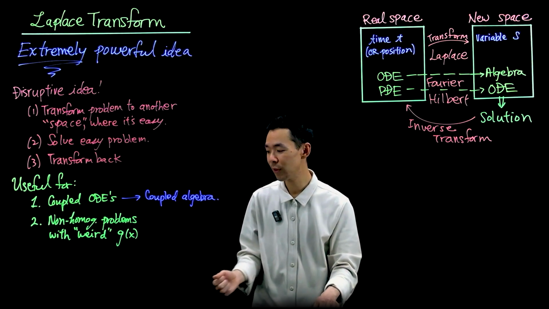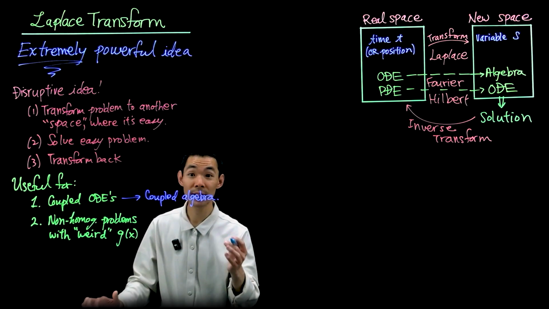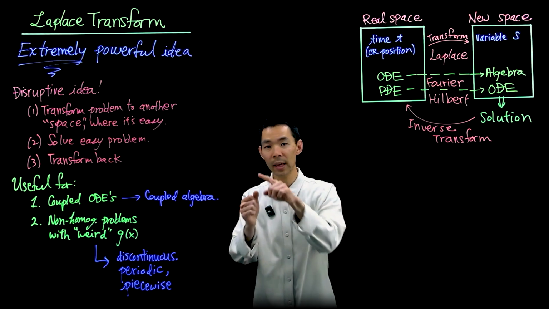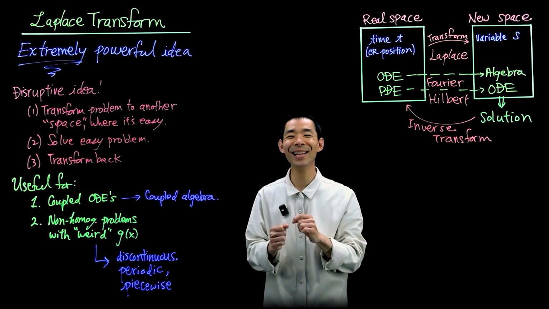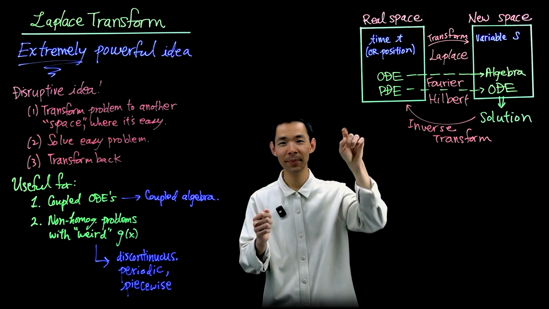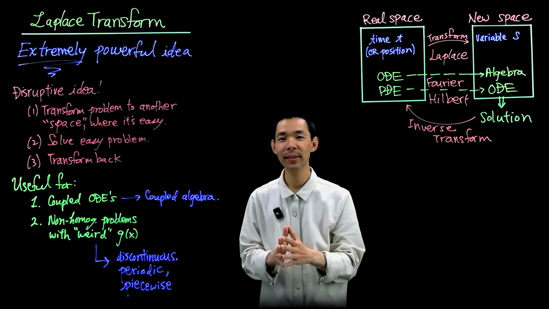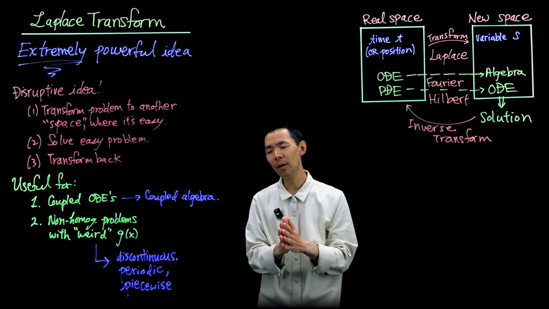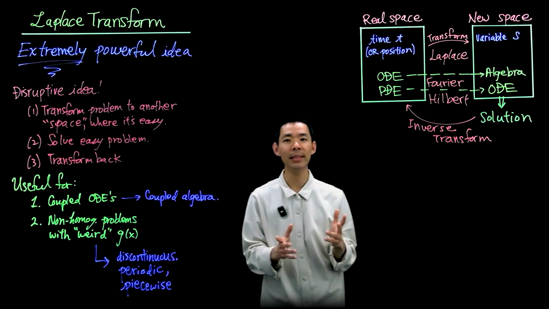So weird functions might involve functions that are, for example, discontinuous, periodic, piecewise. It could have jumps and pulses. It could have steps. And those are the situations where Laplace transform becomes very useful. And there are lots of situations like that in science and engineering.